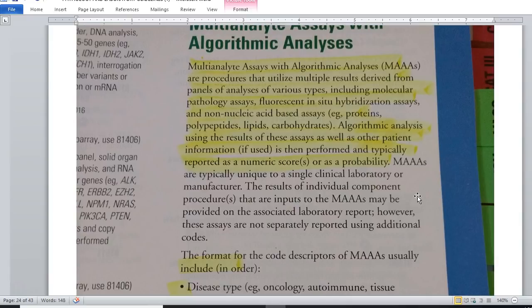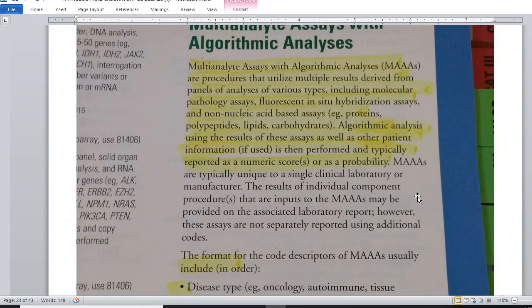Algorithmic analyses using the results of these assays, as well as other patient information, is then performed and typically reported as a numeric score or a probability. So again, what they're doing here is they're taking a whole bunch of different pieces of information and they're trying to put together what is possibly going on with the patient and then looking for that specifically.